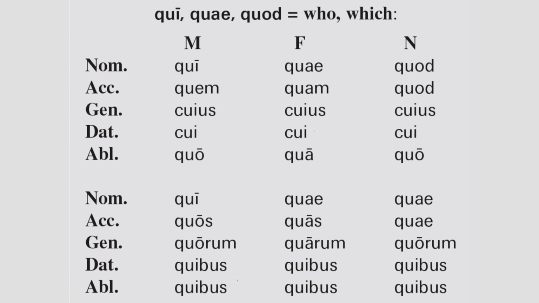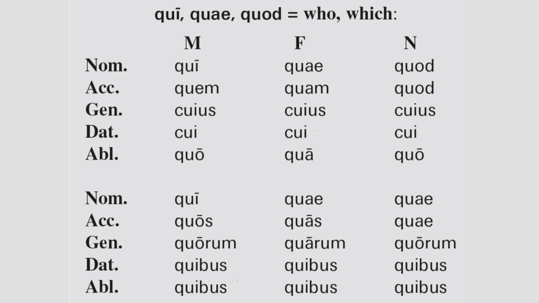In Latin is qui, quae, quod. Okay? And it goes like this. Qui, quae, quod, quem, quam, quod. Cuius, cuius, cuius, cui, cui, cui, quo, qua, quo.